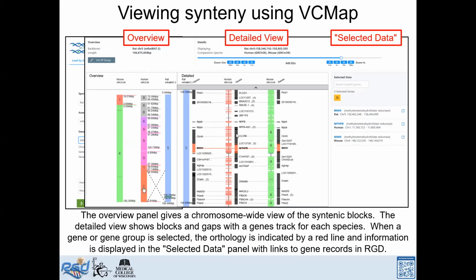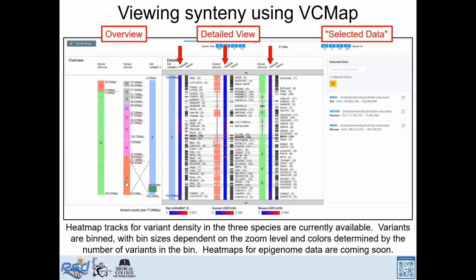And when a gene or gene group is selected, the orthology is indicated by a red line that goes from ortholog to ortholog, and information is displayed on the selected data panel with links to the corresponding gene records in RGD. And we also have heat map tracks for variant density in the 3 species. Variants are binned, with the bin sizes dependent on the zoom level.